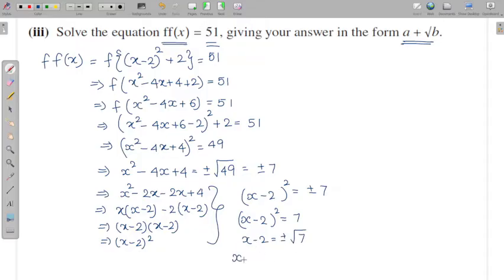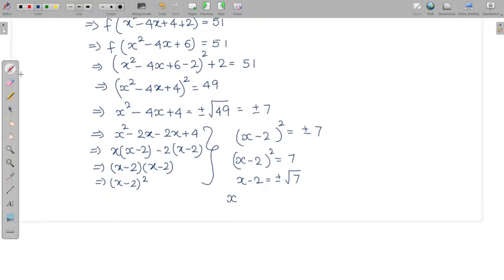So one answer will be x minus 2 equal to plus square root of 7, and x minus 2 is equal to minus square root of 7. If I take this 2 to the other side, x equal to 2 plus square root of 7, and x is equal to 2 minus square root of 7.